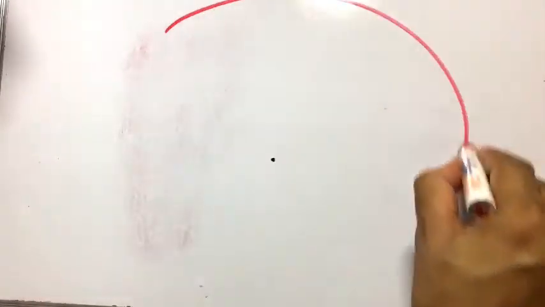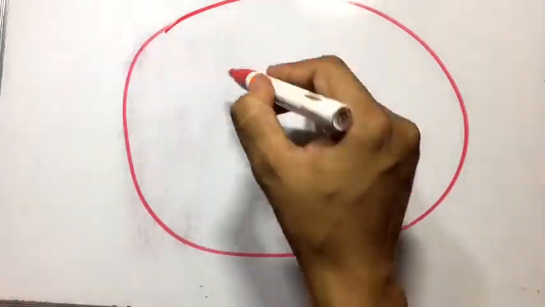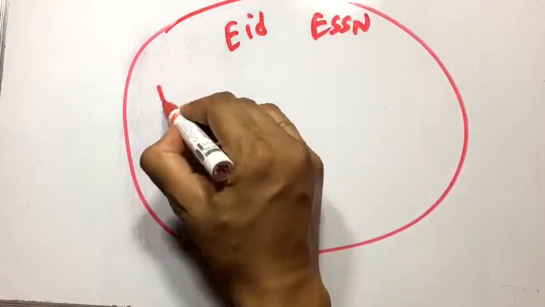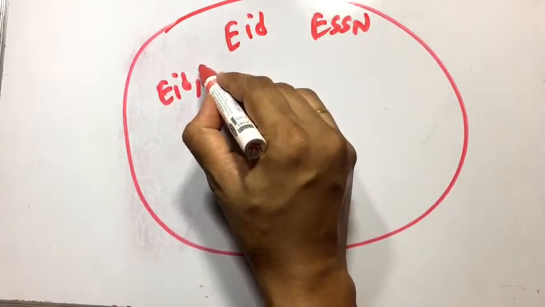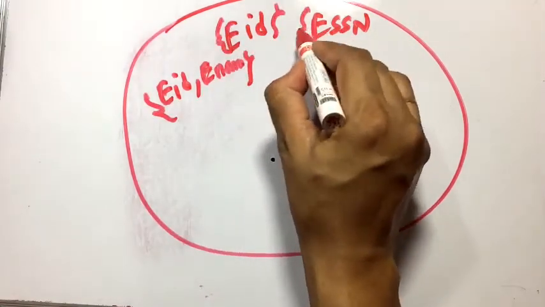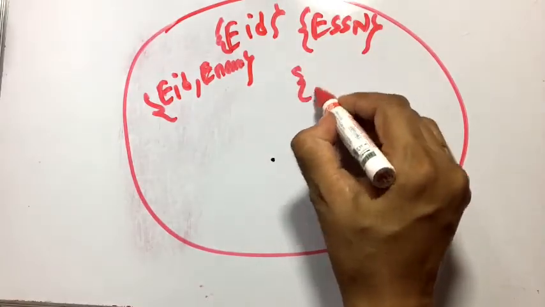So from the example, this is the super key set. EID is a super key, ESSN is a super key, EID comma e-name is a super key. This is a set, this is a single attribute, this is a group of attributes.